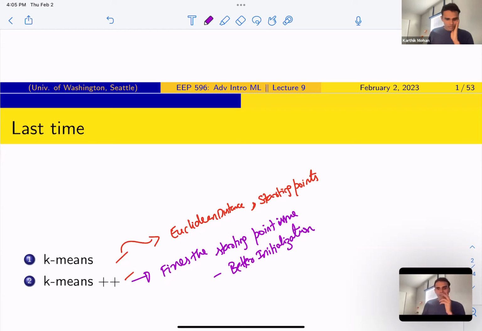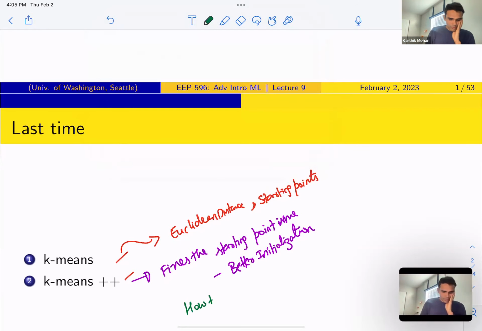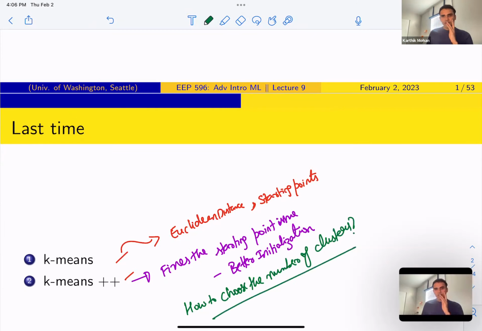And we also spoke a little bit about how to choose the number of clusters. If we had a supervised learning algorithm, you would do hyperparameter tuning. You'd say, okay, let the number of clusters be a hyperparameter, we will tune for it and see if we can get a good number.